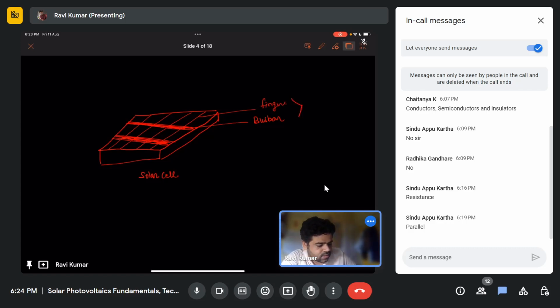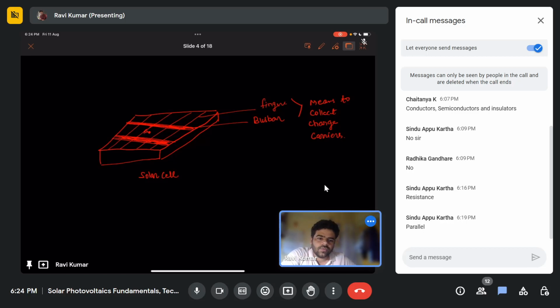These are nothing else but a means to collect charge carriers. So if any electron hole pair is generated here, it will go to the nearest finger. Then it will go to the bus bar, and then from the bus bar it will go to the load resistance.